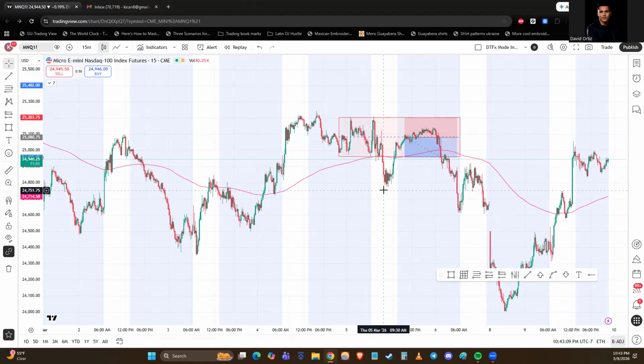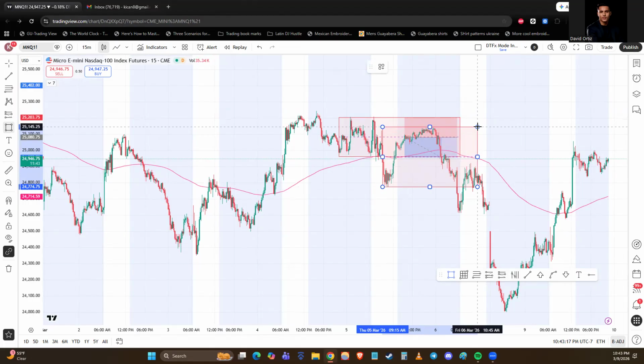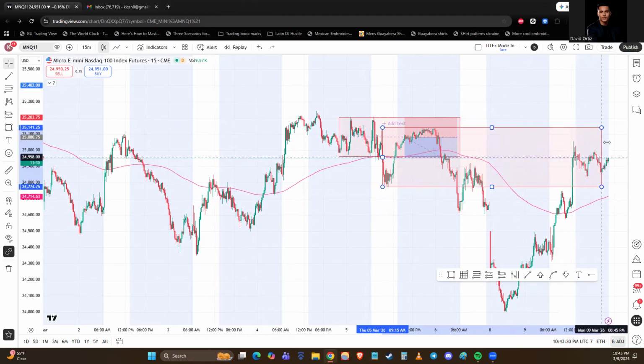Another box that formed is right here. From this bottom to this top, that's your new box, because the trend held down and it did a market structure break below this. So then you extend the box.